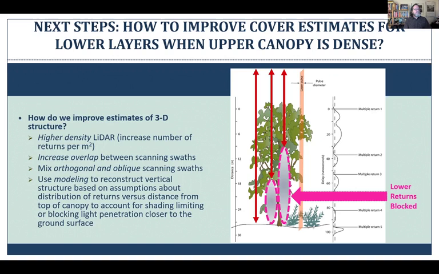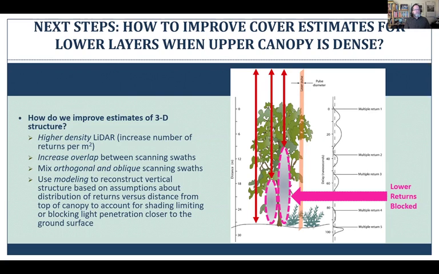And that could be achieved also by increasing the overlap between the multiple passes of the plane and the LiDAR scanning, as well as mixing. Right now we're focusing mainly on directly above, orthogonal laser scans, but maybe if we had more oblique scans as well from each side of the riparian corridor, we'd start picking up a lot more of that lower vertical structure.